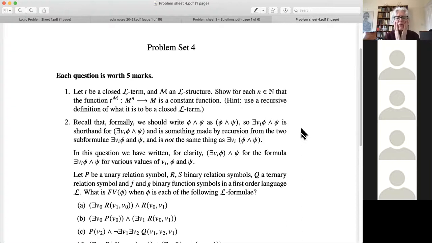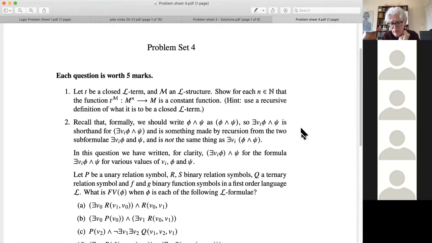I mean, let me think what one can... I think Charles might actually say that his definition of a closed term is that it contains no variables at all, rather than the free variables. Yeah. Right, but remember that in a term, all variables are free.